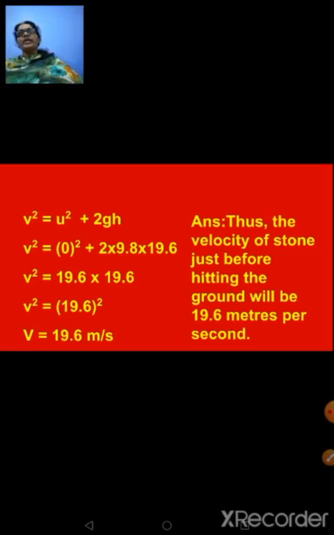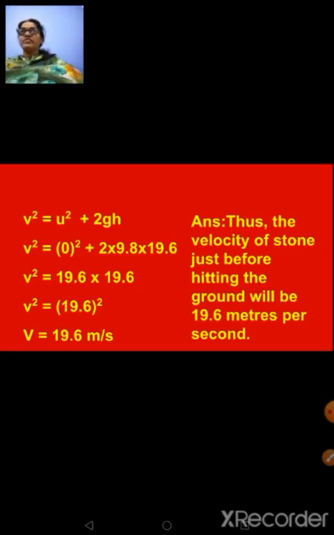It is 9.8, so one decimal point you have to keep there. So it becomes 19.6. And already height is given as 19.6. v square is equal to, that 0 square is 0, so we will not consider that. 2 into 9.8, we got it as 19.6. Already h is 19.6. So v square is 19.6 into 19.6.